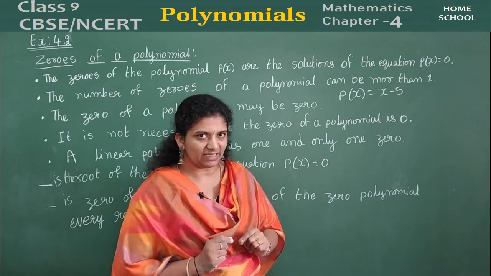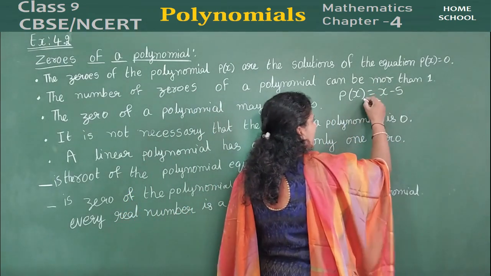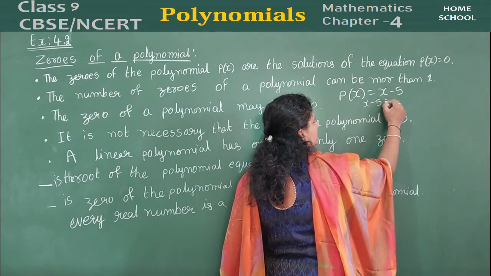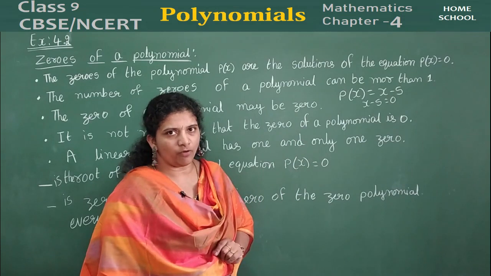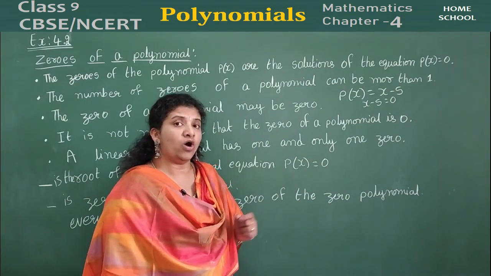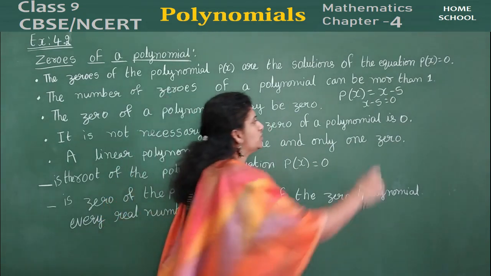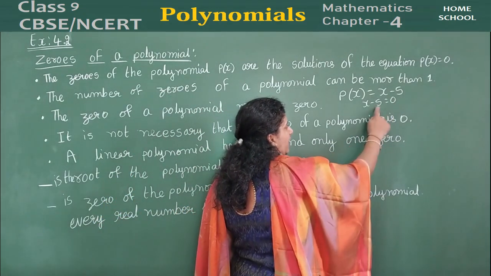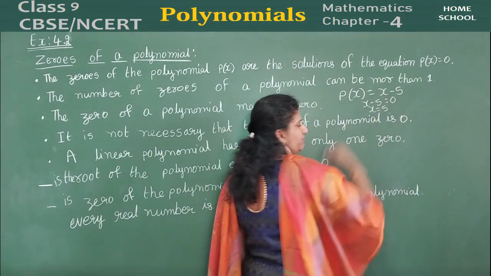So, understand the equation carefully. Suppose you may take this by equating to 0 also you can take. I say this is a 0 of a polynomial. How can I get it as a 0? What if I substitute in the equation? I can make it 0. So, equal to 0, right? Minus 5, send other side. x is equal to 5.